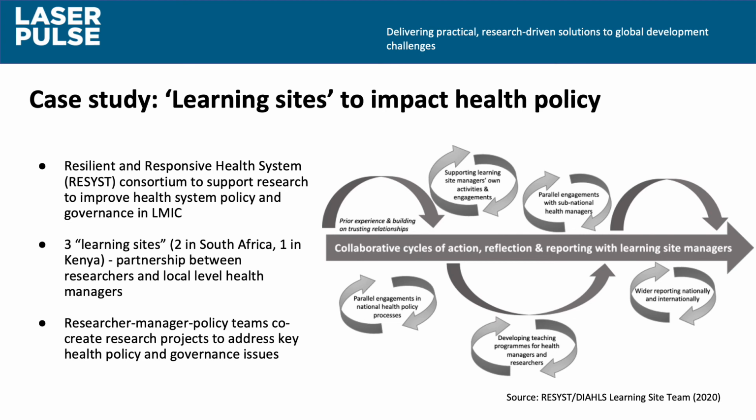This team has created what they call learning sites in South Africa and Kenya, which comprise teams of researchers and policy stakeholders to co-create and conduct research on issues to address key health policy and governance issues, mostly at the local, county, or provincial level.